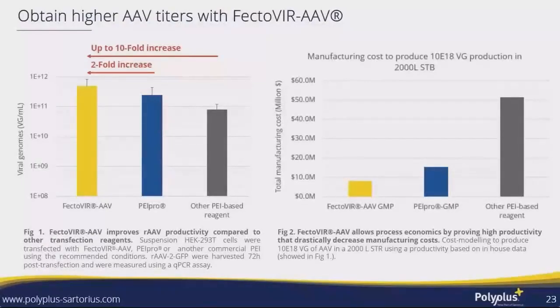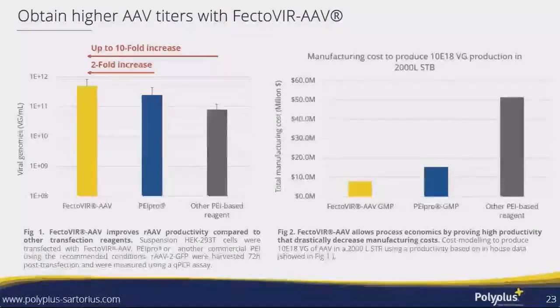When we launched VectorV AAV, we saw that we could have an increase in terms of titer from 2-fold from PEI Pro up to 10-fold to other competitor reagents. So we've seen a wide array of fold increase from people switching to VectorV AAV. It has been a tremendous hit for our customers and a really good reagent.